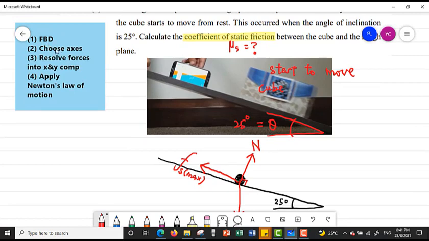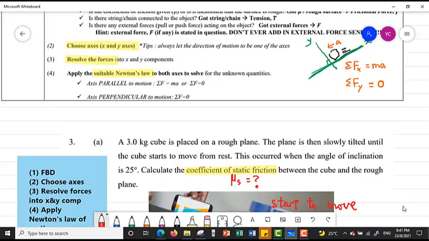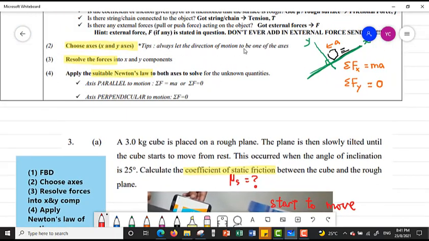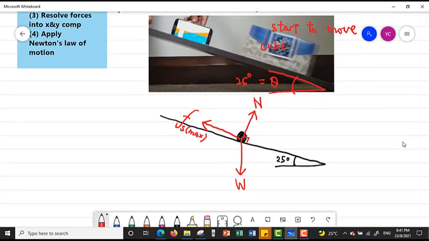Then I'm going to choose the axis. Just now we already said to treat the direction of motion as one of our axes. Since the cube will move along the inclined plane, I treat the inclined plane as the x-axis, and perpendicular to the inclined plane as the y-axis.